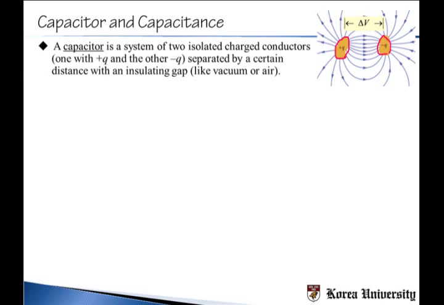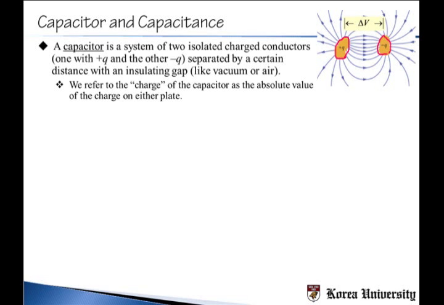If you remember the electric dipole, how is this capacitor different from an electric dipole? Please think about it, and we will discuss it in detail in the classroom. Let's see how much charge is stored in this capacitor. If you add the total charge plus Q and minus Q, it actually becomes 0. But that's not what we mean by storing charges here.